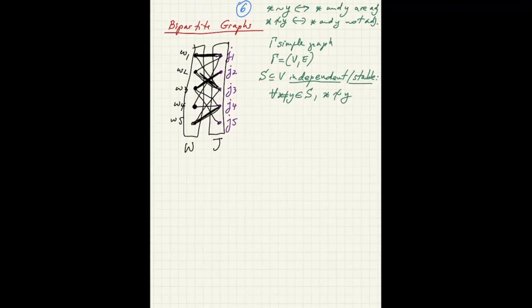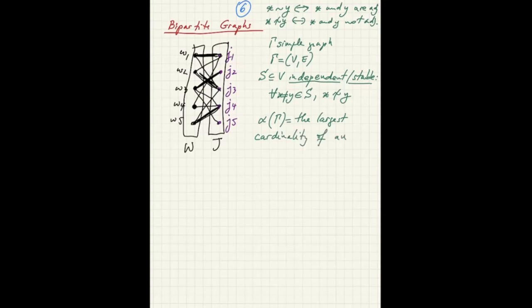And a parameter that's of interest in graph theory, we denote it by alpha of gamma, is the largest cardinality of an independent set in gamma. This is called the independence number of gamma.